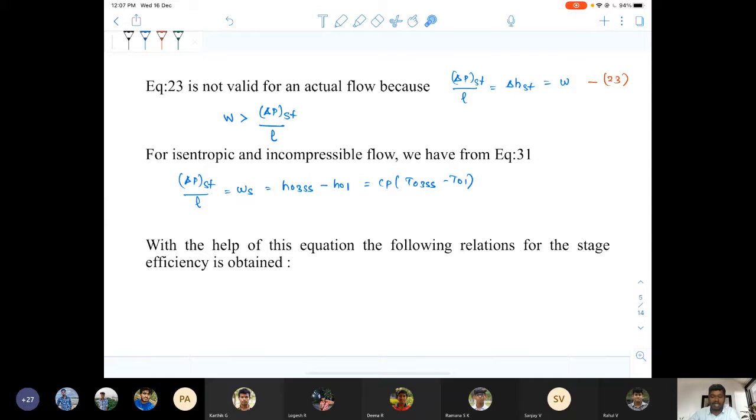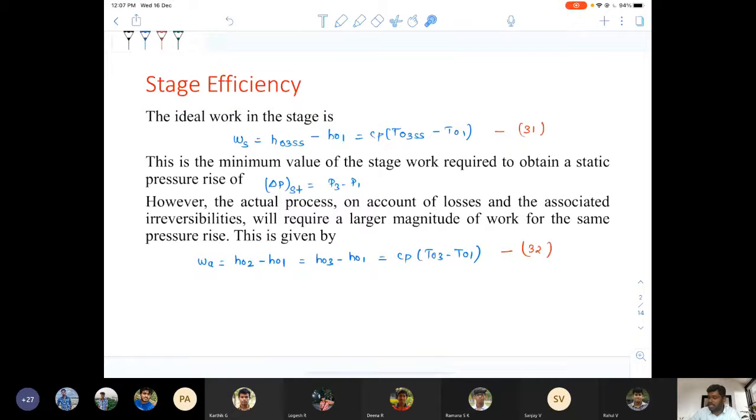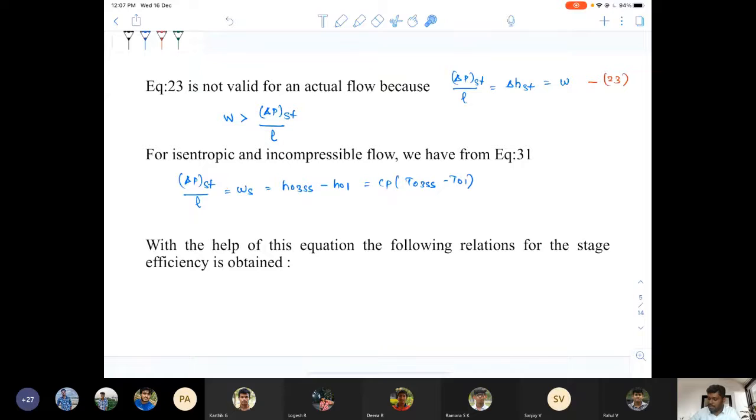Since equation 31 deals with isentropic work, and equation 23 also holds only for an isentropic process, we combine them: delta P at the stage by rho equals Ws, which equals H03SS minus H01, which equals Cp times (T03SS minus T01). Consider this as equation number 37.